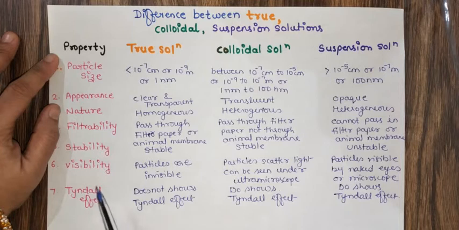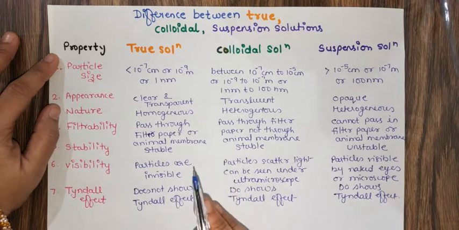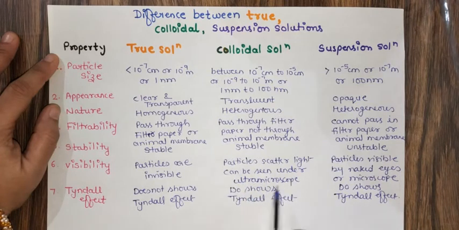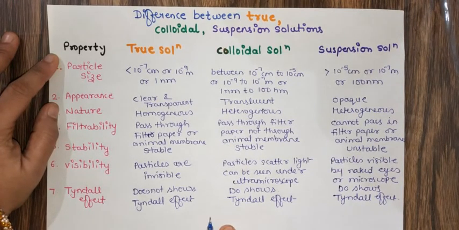If we talk about visibility, you cannot see the solute particles of a true solution, even under a microscope. Colloidal particles are seen in an ultramicroscope. And suspension particles can be seen by the naked eye as well as through a microscope. Now, the last one is the Tyndall effect.